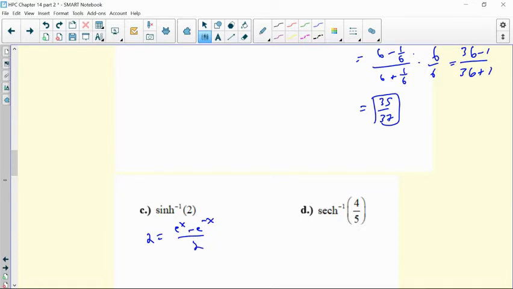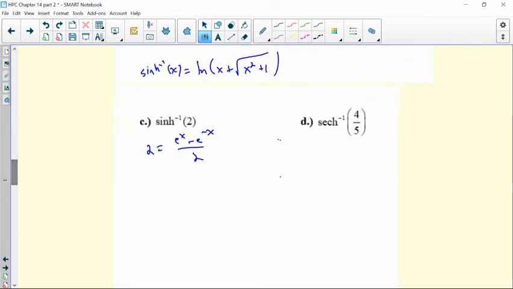We have the definition in the next column, where the inverse hyperbolic sine is equal to natural log of x plus the square root of x squared plus 1. For now, we'll just use that definition, but maybe in the next video we could prove that as well. So 2 is inputted into the function, so we get the natural log of 2 plus the square root of 2 squared, which is 4, and 4 plus 1 is 5.